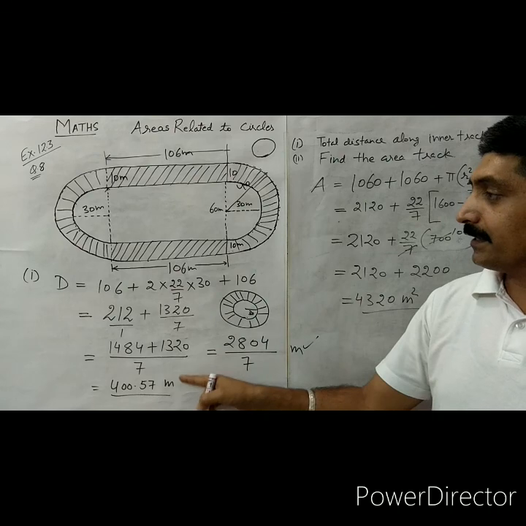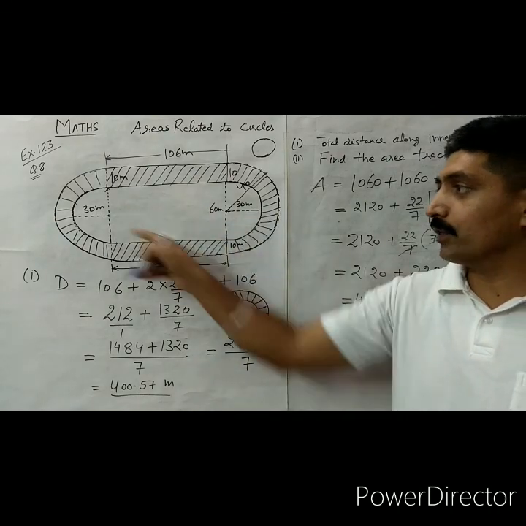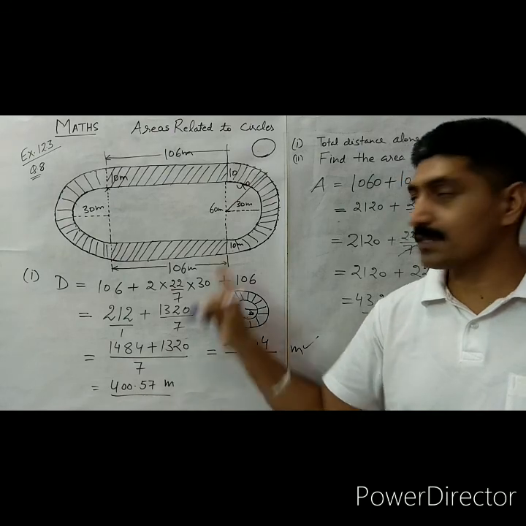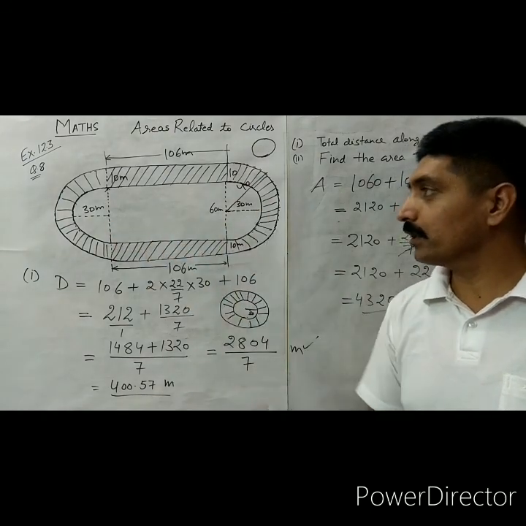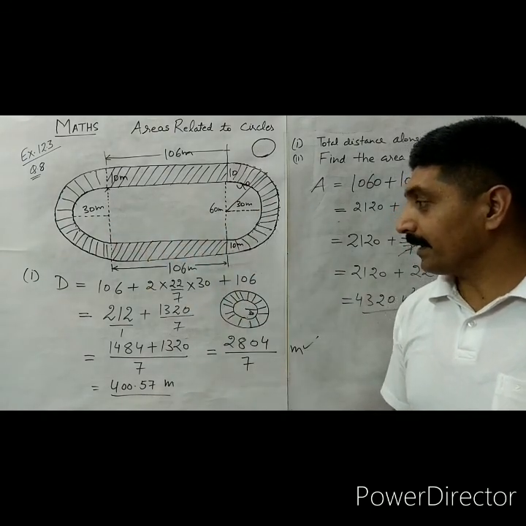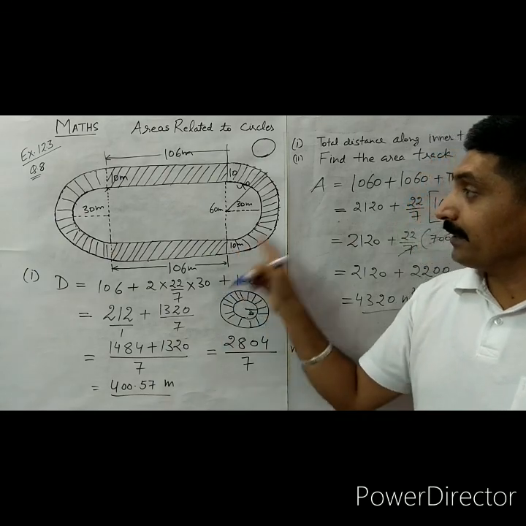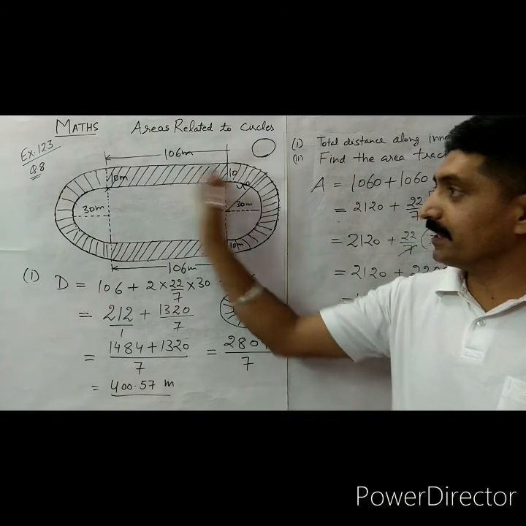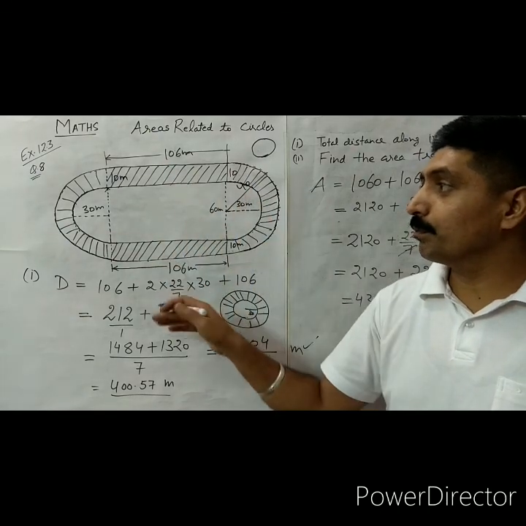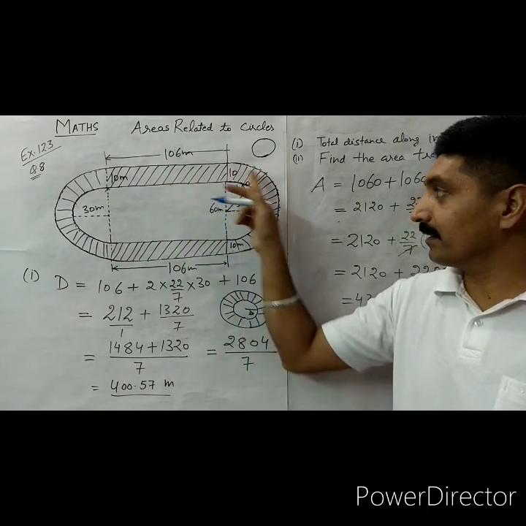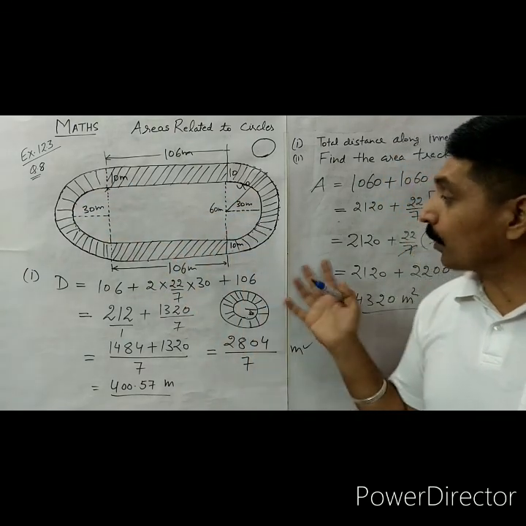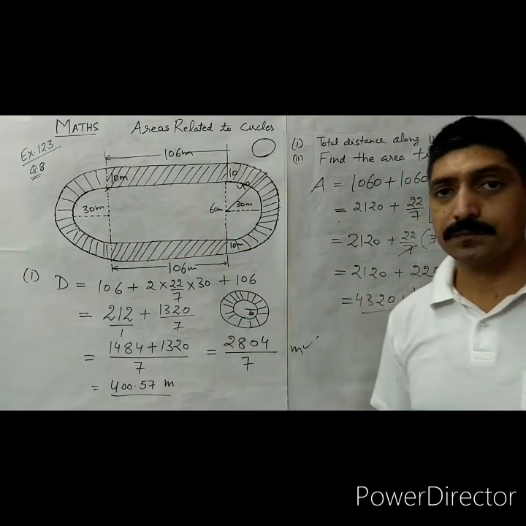First we have to find the distance along the inner track, which is near about 400 meter, because the standard track is 400 meter, and then we have to find the area of the complete track. So we have divided the figure into portions, one a rectangle and another the area of a ring. So this is all about the question.